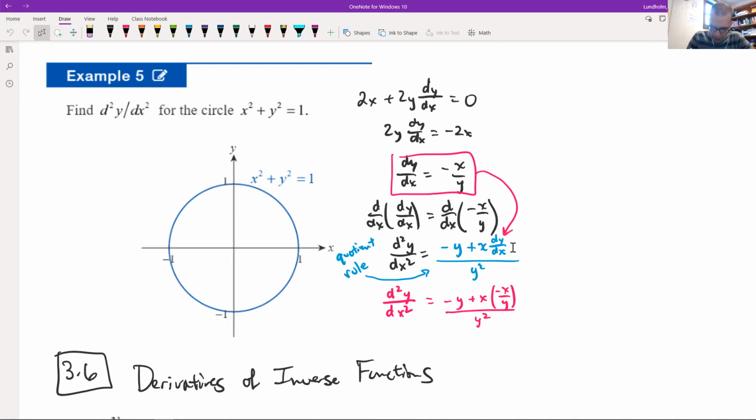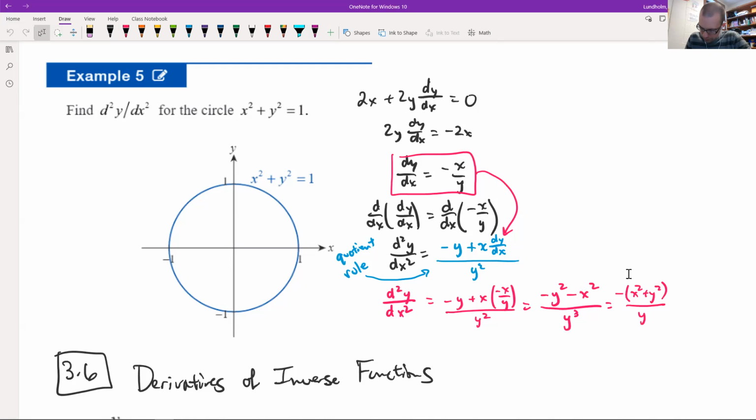And to simplify this, maybe one step further, let's go ahead and just go to the right. If we multiply the top and the bottom by just a y, then we'll get rid of this denominator, and that's going to be good. So if we multiply through everything by y, we would get minus y squared minus x squared on top, and all over y cubed on bottom. And pulling out a negative, that means that we've got x squared plus y squared on top.